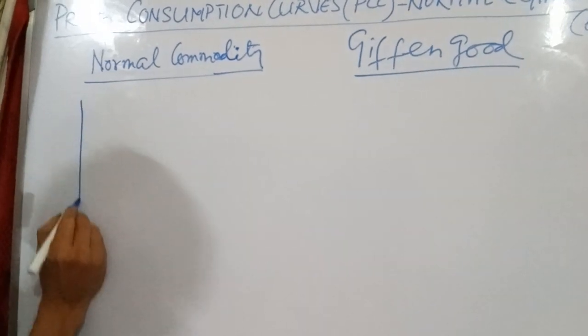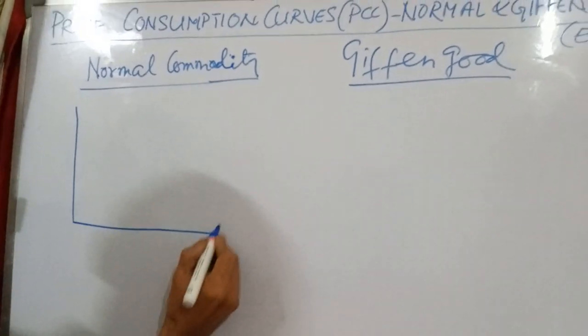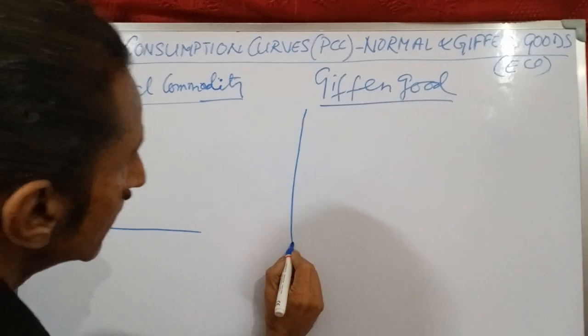Now this is for normal commodity and this one is for a Giffen good.